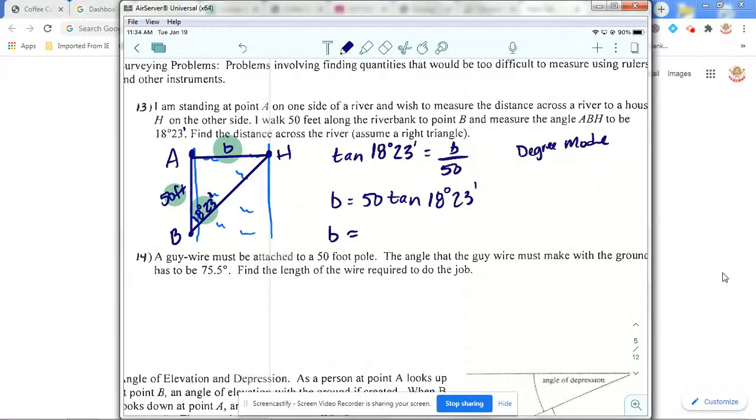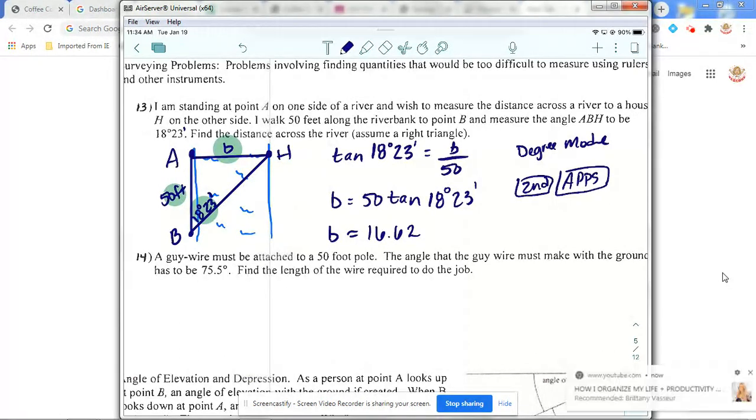And to get degrees, minutes, seconds, you're going to do second, apps. We're going to round to 2 decimal places on these, and we are going to label the unit. Because the distance we walked was in feet, this is also going to be feet.